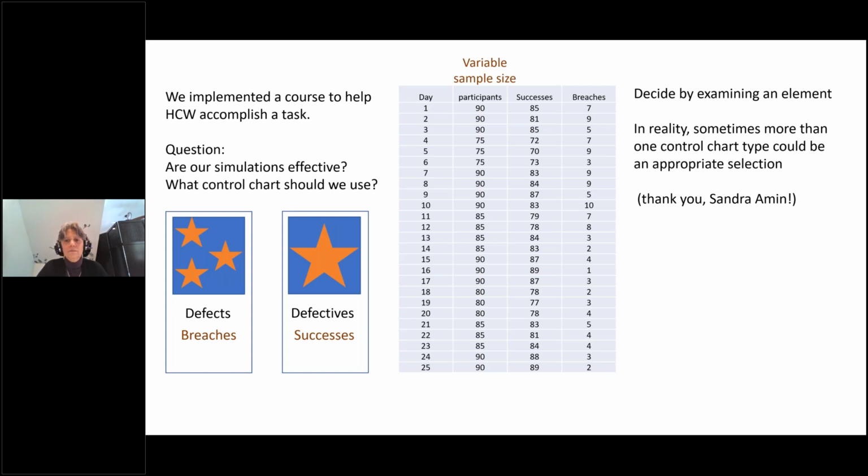But she also says that the way you decide what control chart you're going to use is by examining an element. So if we want to look at breaches, for instance, we have to decide, are breaches a defect or a defective? And breaches are a defect because you can have more than one breach per participant.